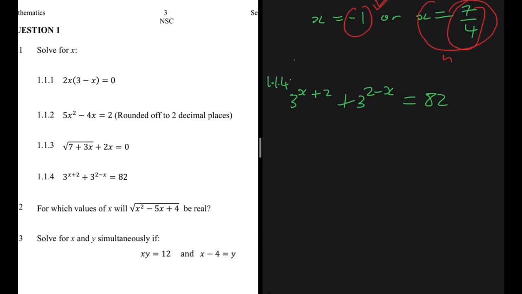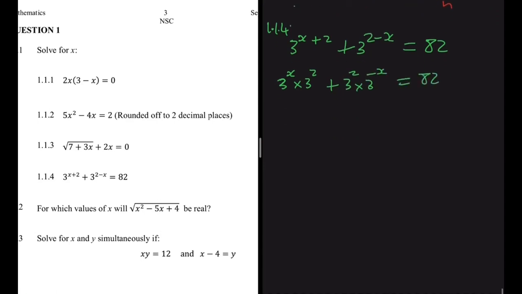So 3 to the power x plus 2 is the same as 3 to the x multiplied by 3 to the power of 2, right? And then here we have 3 to the power of 2 multiplied by 3 to the minus x, being equal to 82.